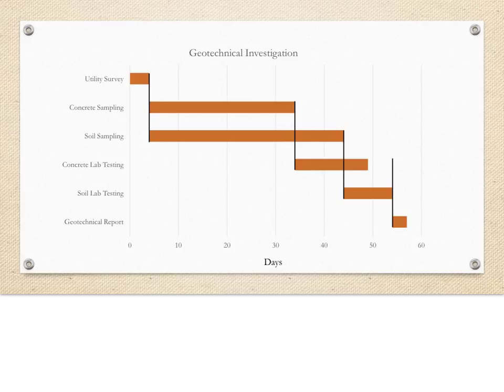So the Gantt chart is great to help visualize the time span of the overall project as well as individual tasks. But as a project becomes more complex with more and more tasks, it is important to see the durations and precedent constraints and how they affect the outcome of the overall timeline and subsequent tasks.